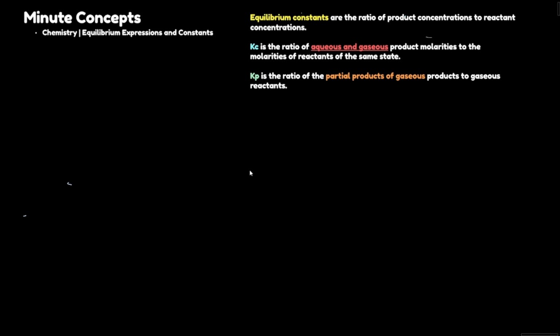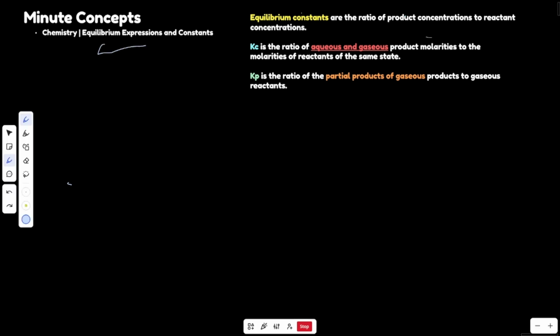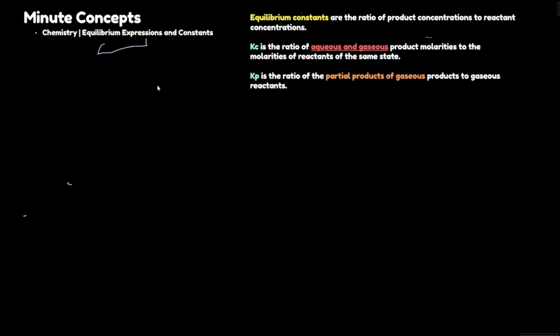In rates, we use the expression to show how fast it's changing. Here, equilibrium expressions are there to show the ratio of product concentrations to reactant concentrations. These allow us to illustrate which parts of the reaction actually affect the equilibrium. They allow us to put a number to it.